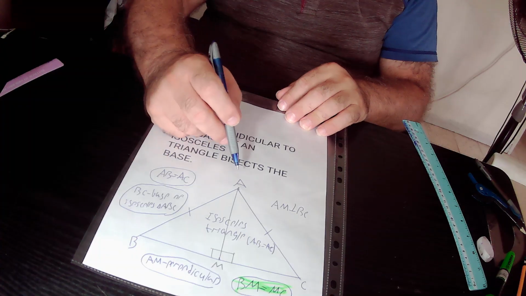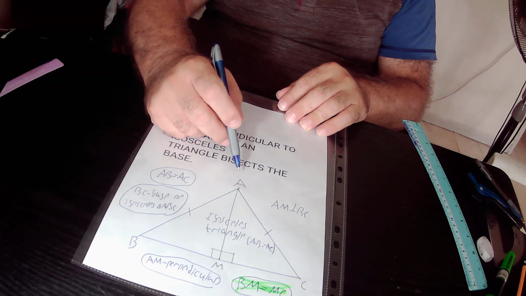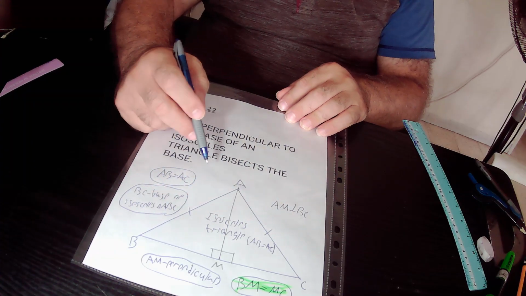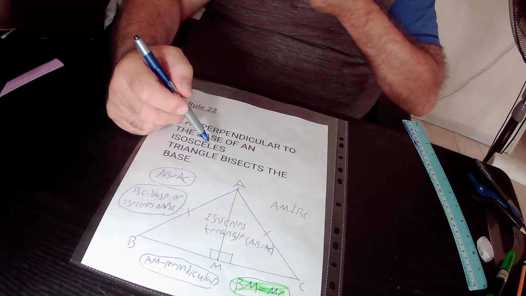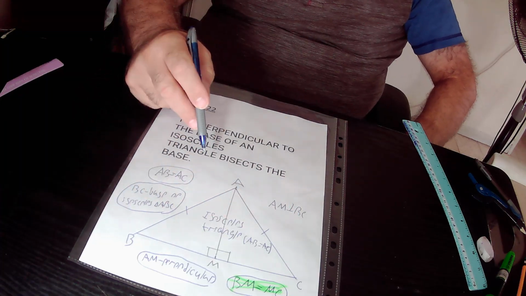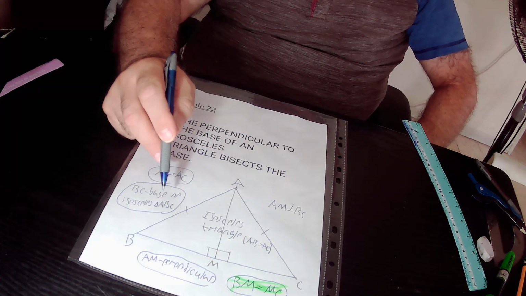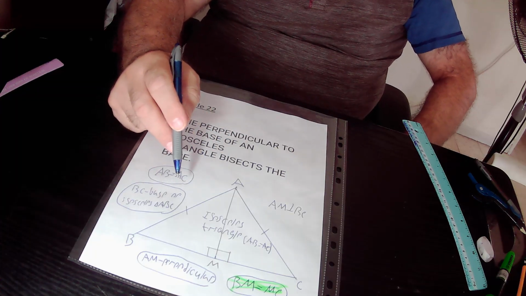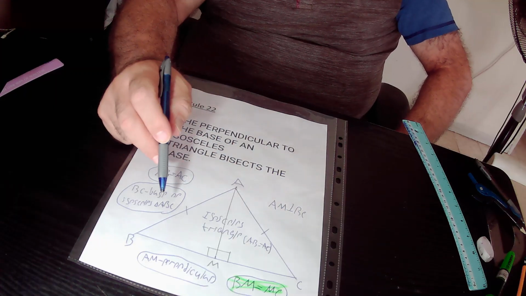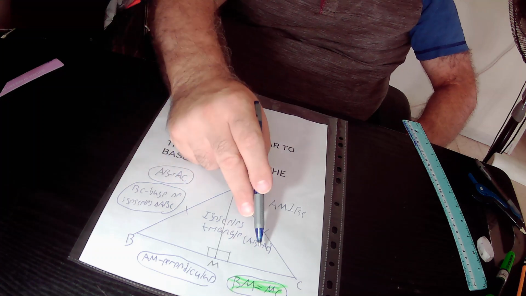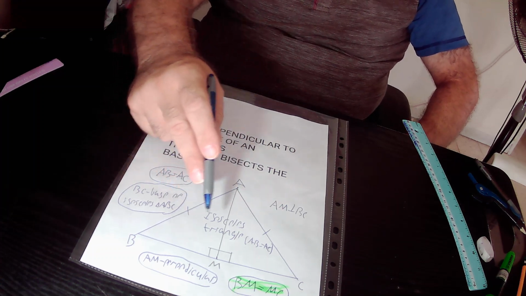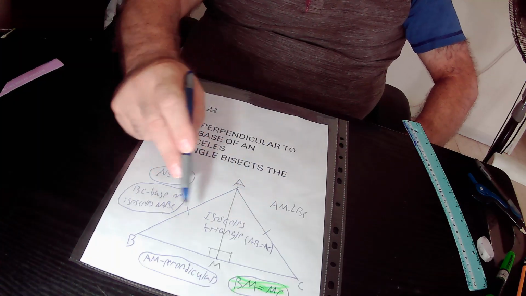So from point A, we drew the perpendicular AM to the base BC, and according to rule 22, the perpendicular AM bisects the base BC. That is to say, AM divides the base BC into two halves. The first half is BM and the second half is MC, and of course BM equals MC.